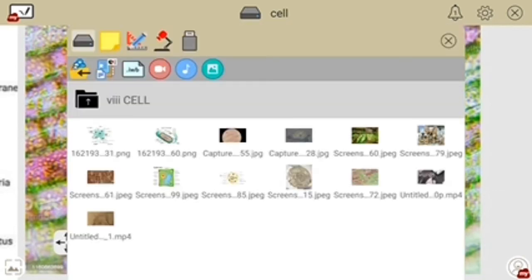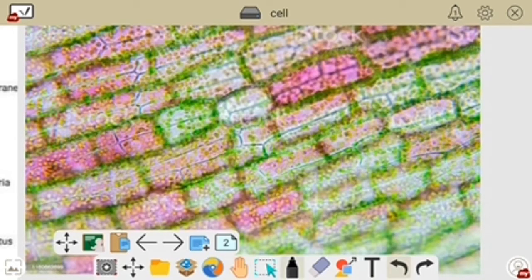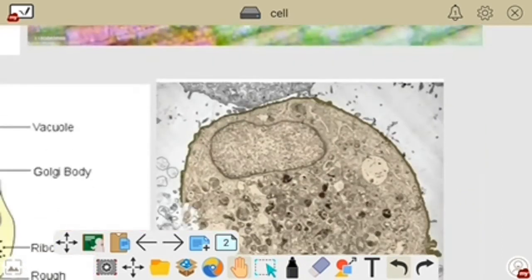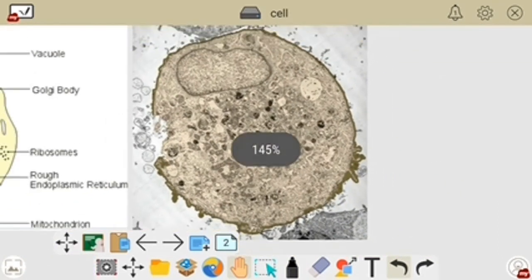Each rectangular shape is called a cell. So these are the cell walls. Now we are going to learn further. So this is the microscopic view of an animal cell.